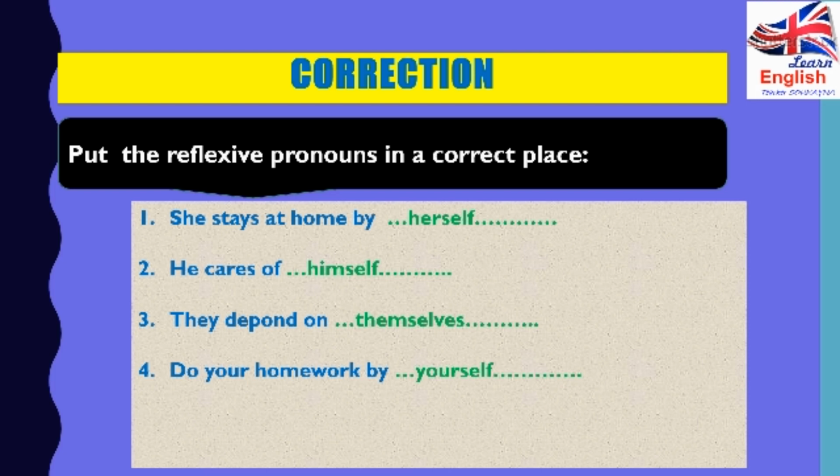Even if we don't have the subject that helps us to find the reflexive pronoun, we can know the subject by the context. Also we have here the possessive adjective, which means your, it means you. Your homework, it means you. So do your homework by yourself.